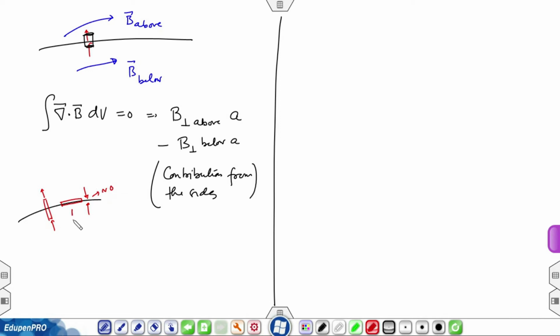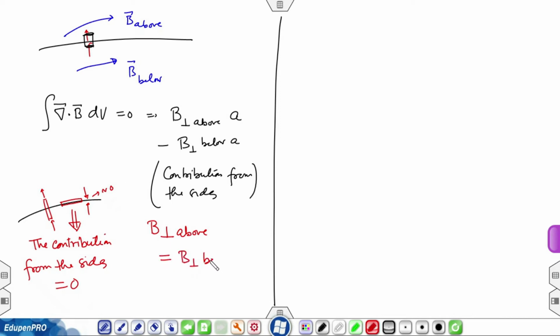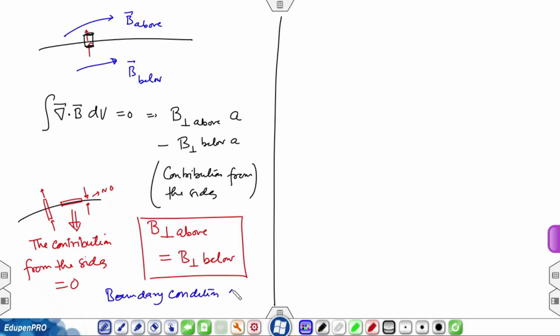So, this implies the contribution from the sides is 0, and therefore, I get B perpendicular above is equal to B perpendicular below. That is one boundary condition. So, perpendicular component remains continuous.